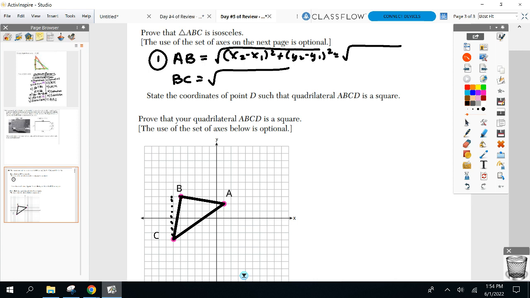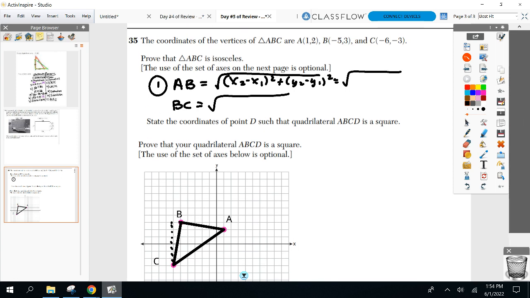So let's subtract our x's. There, subtract my x's on AB. Negative 5 minus 1 all squared plus 3 minus 2 all squared. Square root of 37. Look good. 36 plus 1, 37.